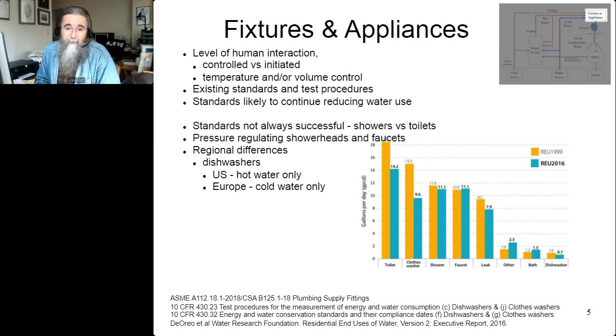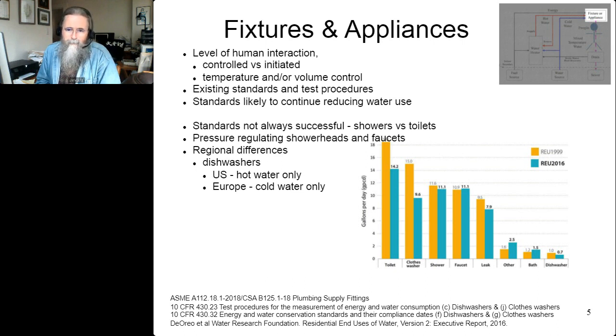There are existing standards for most fixtures and appliances. Those standards are likely to keep reducing water use. I want to point out, though, that the standards have not always been successful at reducing water use. And shower heads are a good example of this.